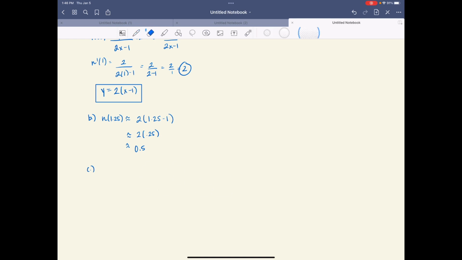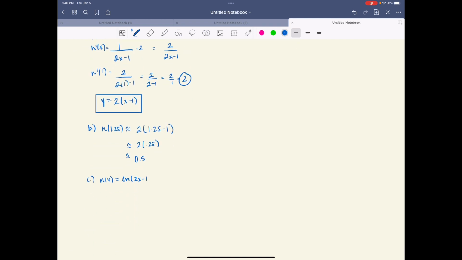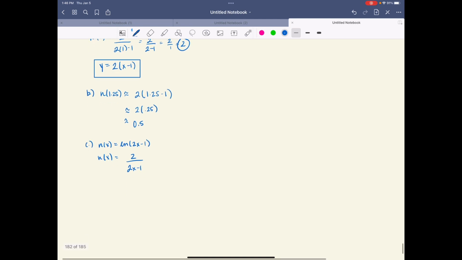So again, n of x is given by the equation ln of 2x minus 1. We found the derivative in part A, and the derivative of that was 2 over 2x minus 1. So to find the second derivative, I'm going to use the quotient rule.